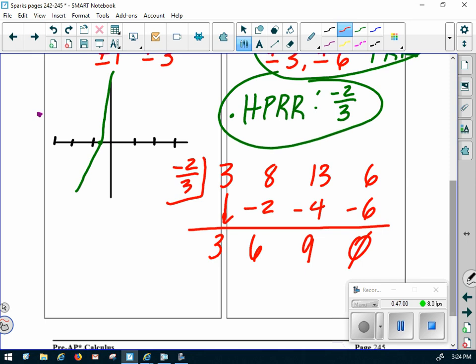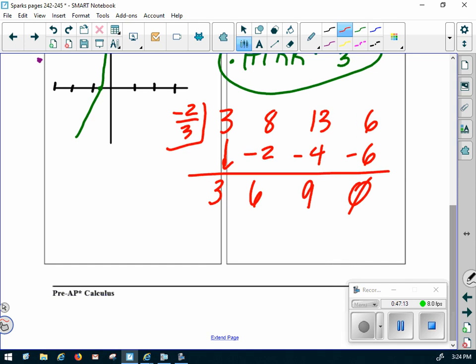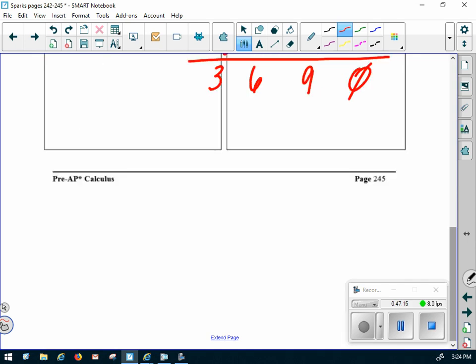Did you get that? We started with a cubic, so this answer is a quadratic. 3x squared plus 6x plus 9, and once we get down to a quadratic, we just need to solve the quadratic. Indeed.